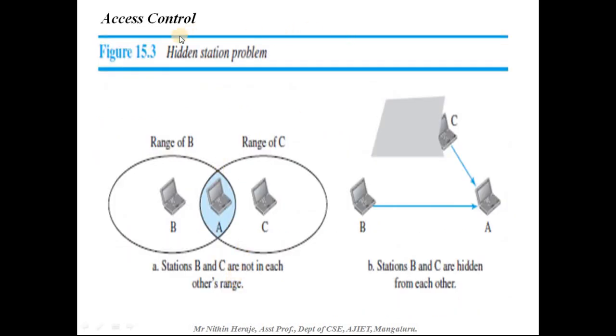Under access control, we have the hidden station problem. You can see here there are stations B, A, and C. C has a range like this.